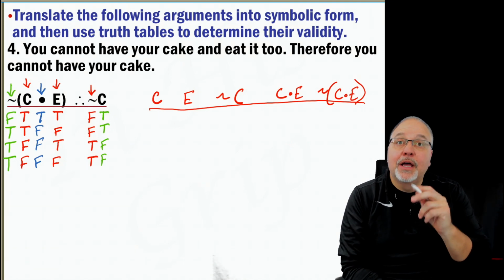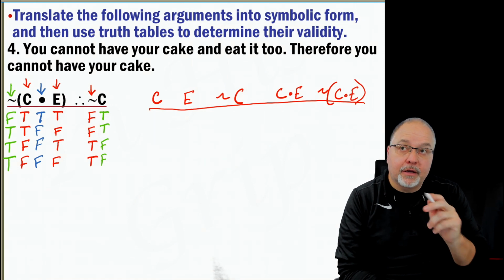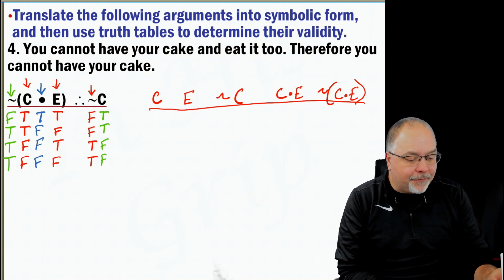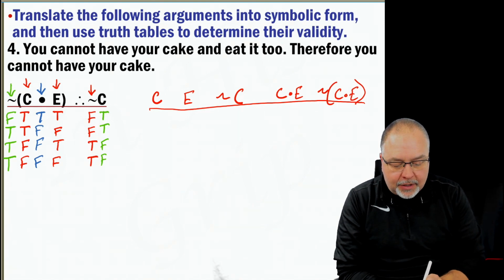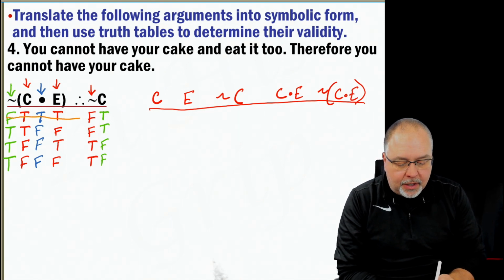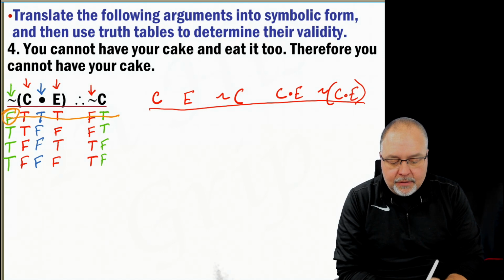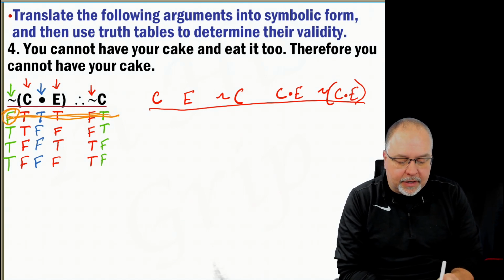So now, here's the trick. You have to know what you're looking at. I am not looking at this first line because this is false, right? And so I'm not even paying attention to that line.